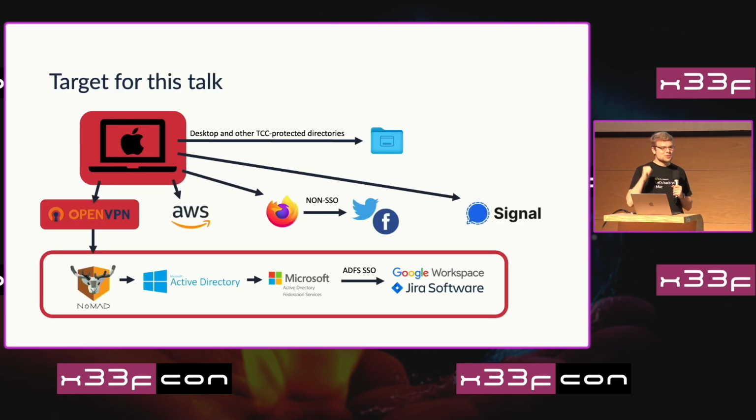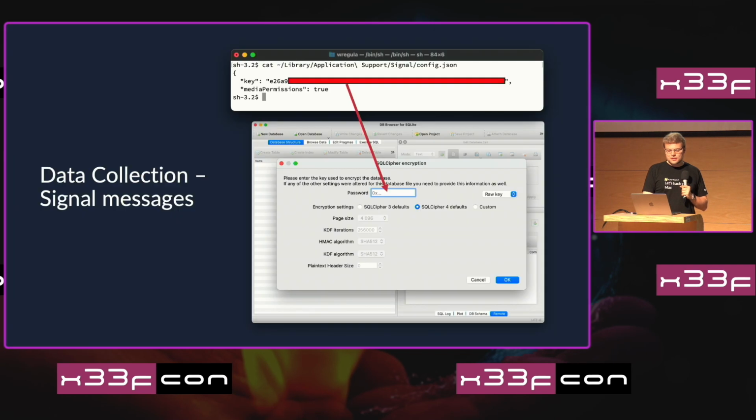So we have access to OpenVPN, we have our credentials, and in most cases in such an infrastructure, because we have AD credentials, we will have access to Active Directory Federation Services, and because it's SSO, the company's resources are now available to us. All right, so now let's focus on Signal messages.